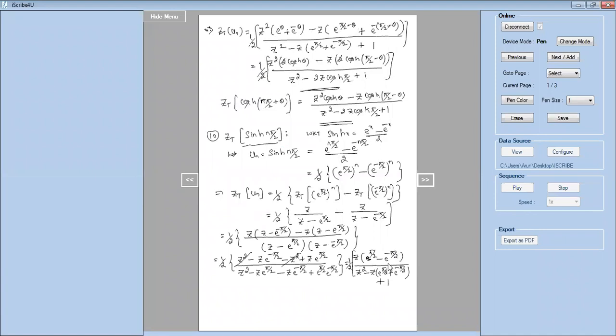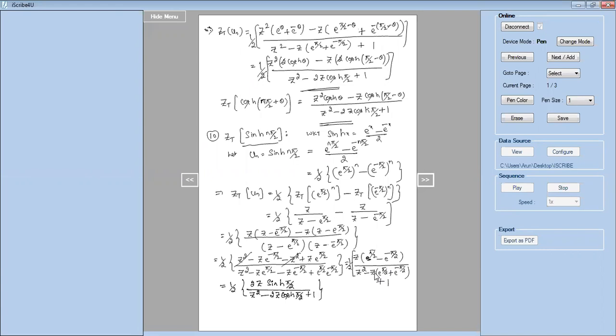So substitute now. So this is equal to 1 by 2 outside into 2z sinh x, x means pi by 2, divided by denominator, it is z square minus, see this is 2 cosh x, so 2 into this z, it is 2z cosh x, x means pi by 2, plus 1.